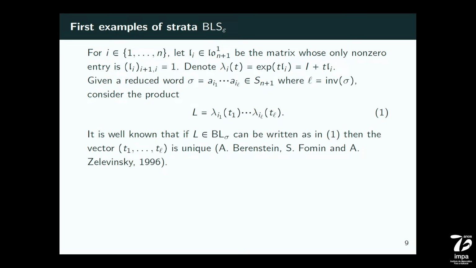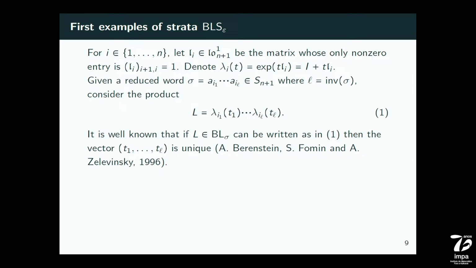In this case, let lambda i of t denote the matrix that has 1 on the diagonal and t in the entry (i, i+1). Fix a reduced word, and consider the product lambda i1 t1 until lambda iL tL. Remember that all the time we are fixing the reduced word.